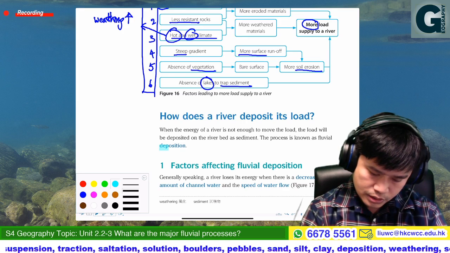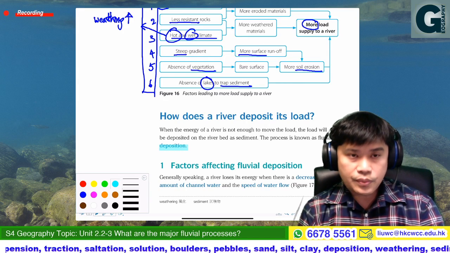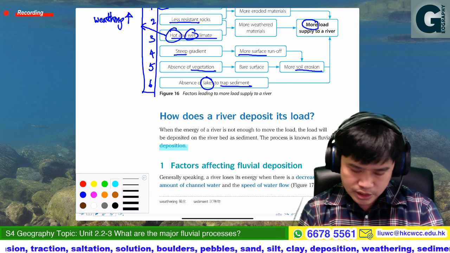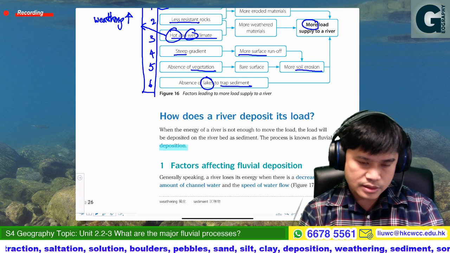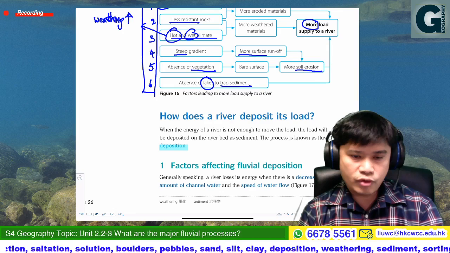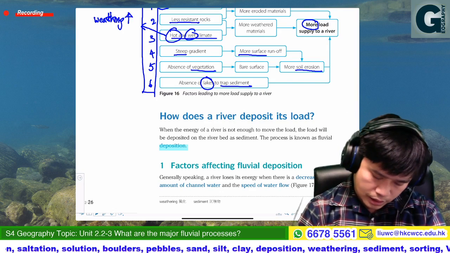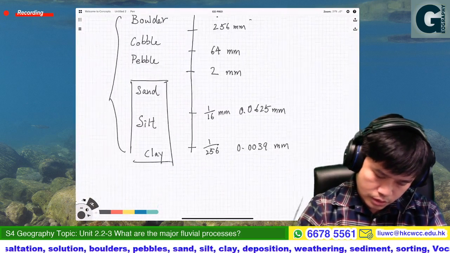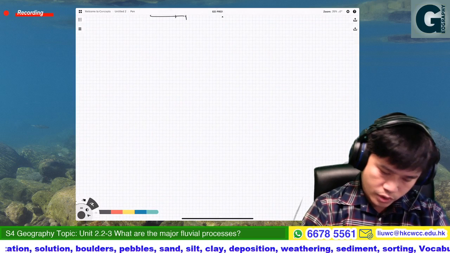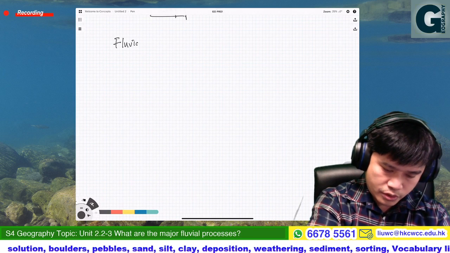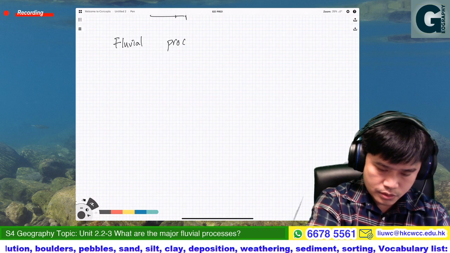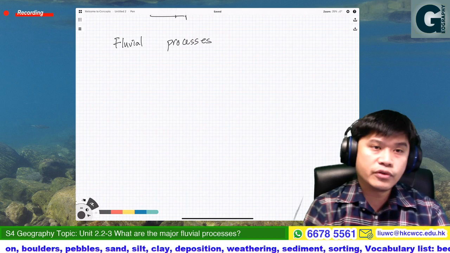Deposition. In Chinese, we call it 沉積. What is deposition? I hope you still remember, before, Mr. Liu talked about the fluvial processes.